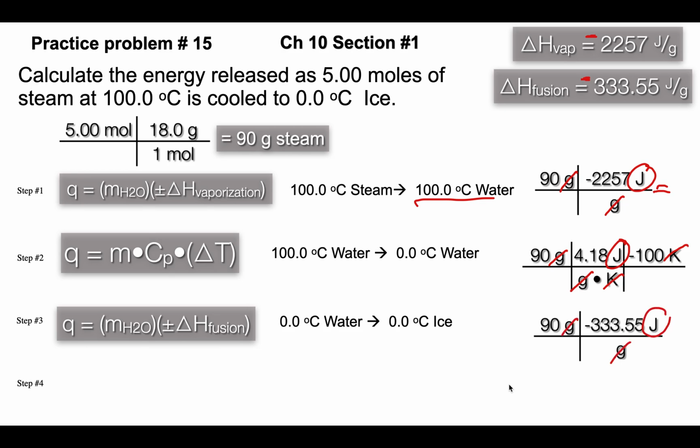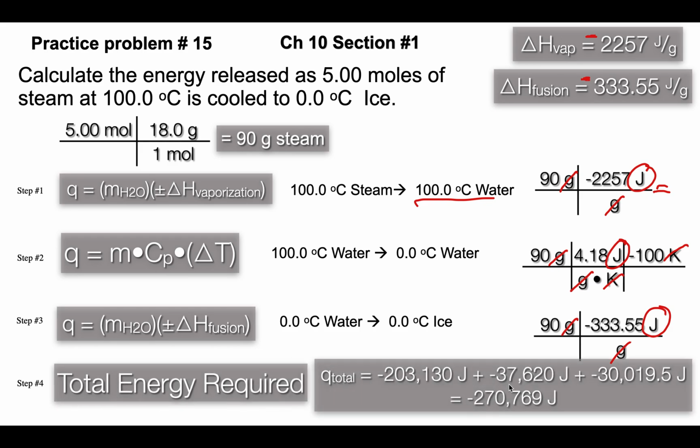Grams cancel out, left with joules. Add all those up: negative 203,130 plus negative 37,620 plus negative 30,019.5 joules, for a total of negative 270,769 joules. Sig figs would be 5. Nope, I don't like 2 sig figs, but that'll be negative 270,000 joules.